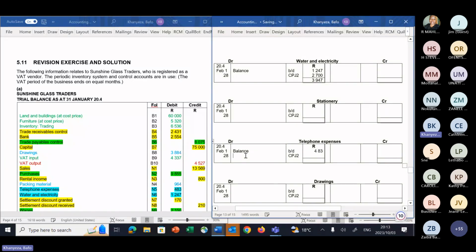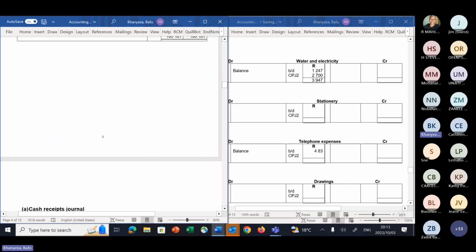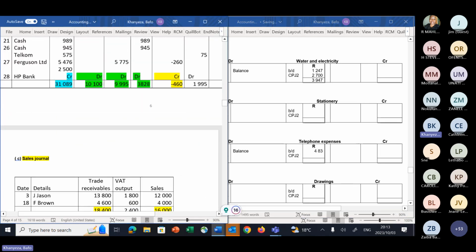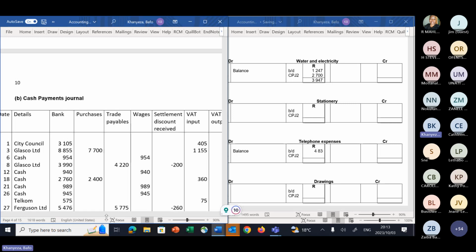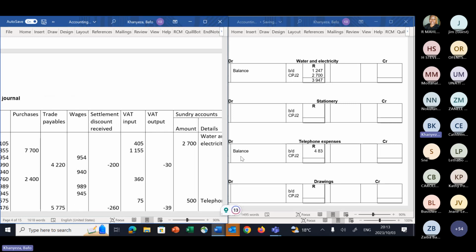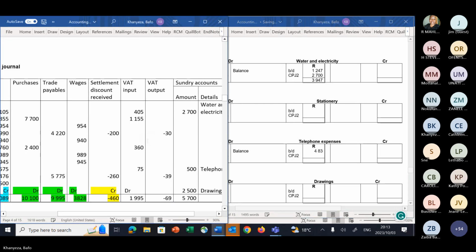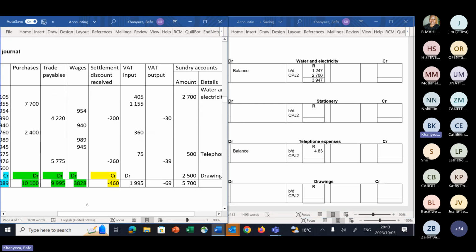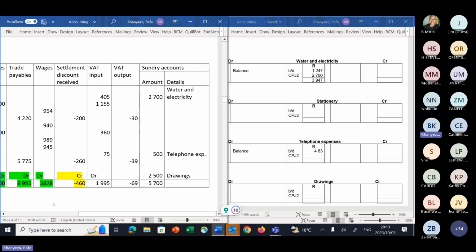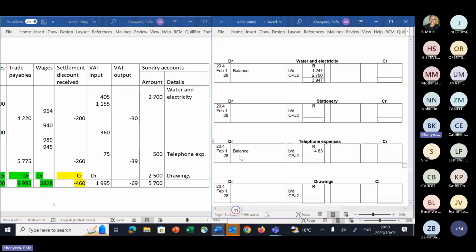Then in fact we were on the cash payments journal. On the cash payment journal, this is telephone. So on the sundry accounts, we're going to have bank.